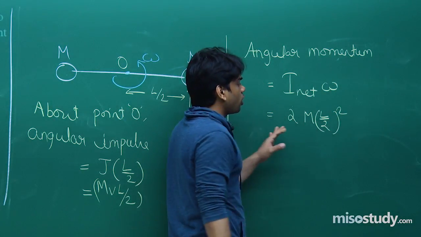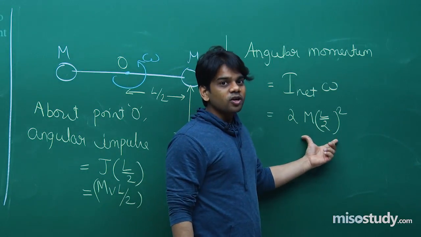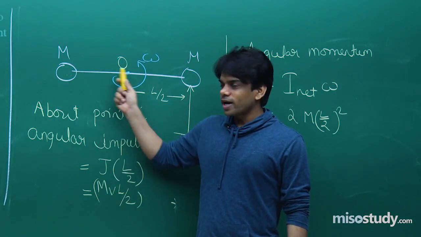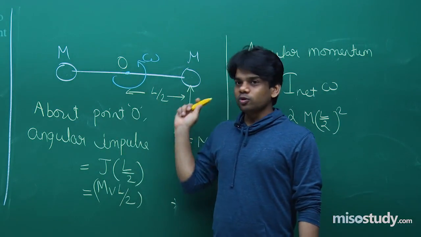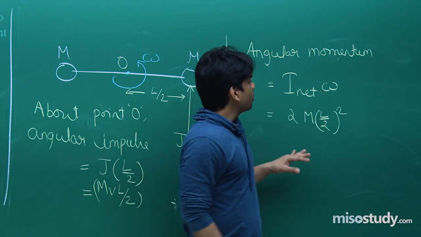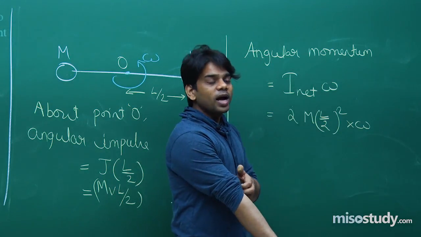I hope you have got why I have written this. This is only equal to the moment of inertia of the entire system. We have two masses, m into (L by 2) whole square, and m into (L by 2) whole square. So m(L/2)^2 multiplied by 2, multiplied with omega, should be equal to angular impulse.